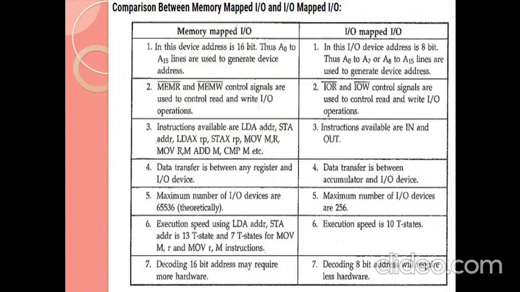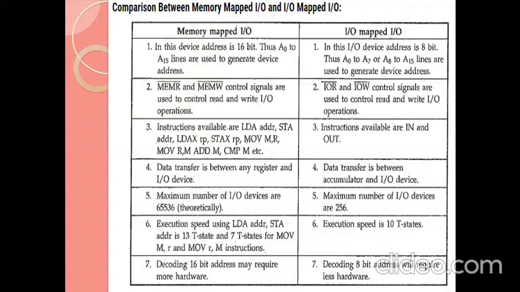A maximum of 256 devices we can connect using IO mapped, but memory mapped, 65,536. In IO mapped IO, the speed is constant, that is 10T. But in memory mapped IO, the time changes: it takes 7 clock cycles, 13 clock cycles, so it will change.